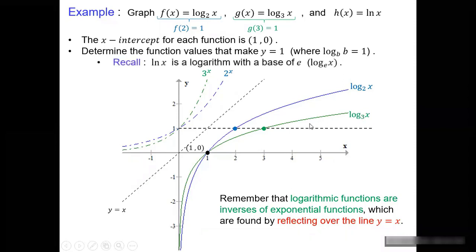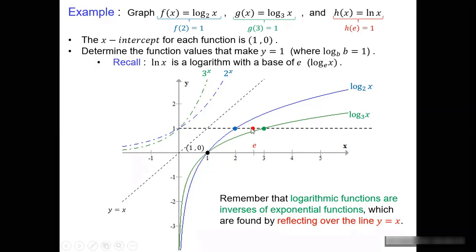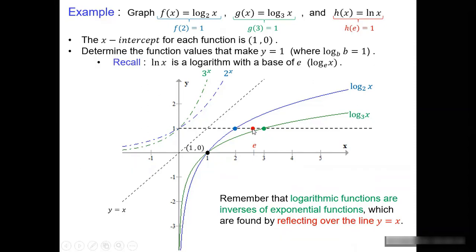But now let's take a look at ln of x. ln of x is simply a logarithm with a base of e, but we don't write log base e of x. What we write instead is ln, Latin for Logarithmus Naturalis, natural logarithm. Well, remember, if I graph e to the power of x, e is about 2.718, so I know that e is going to be giving me a value of 1.